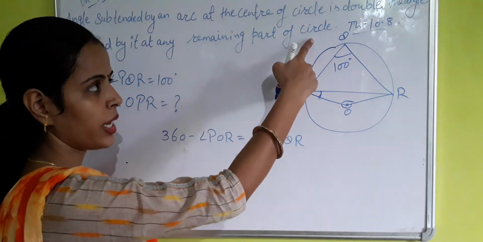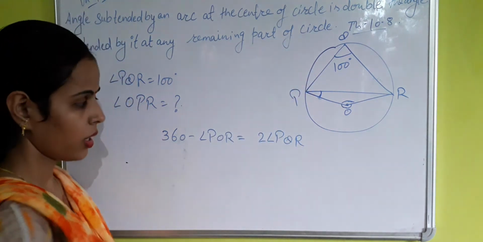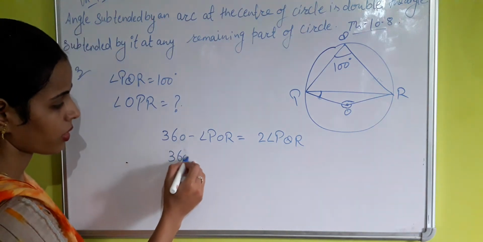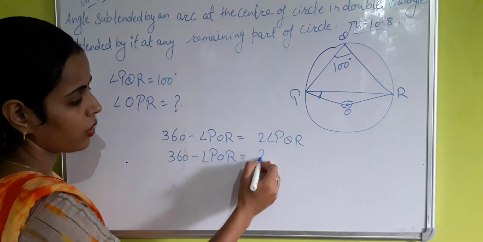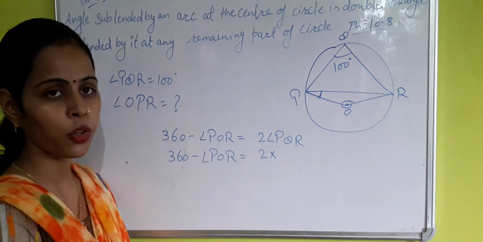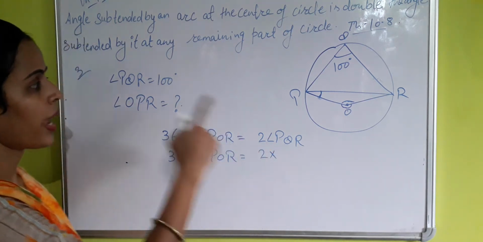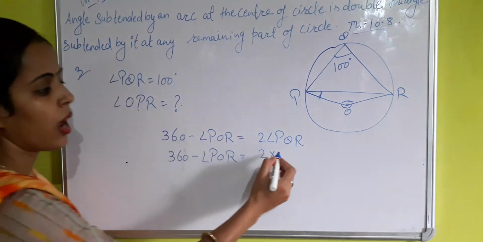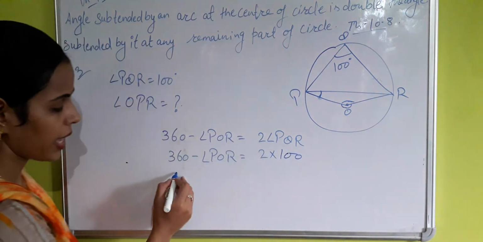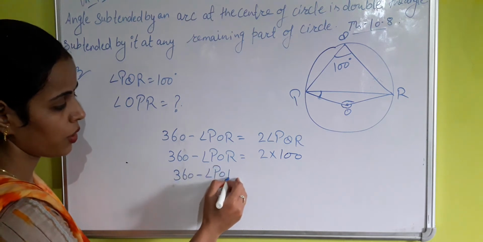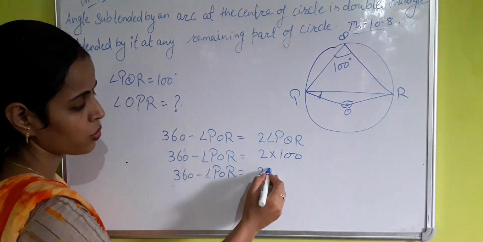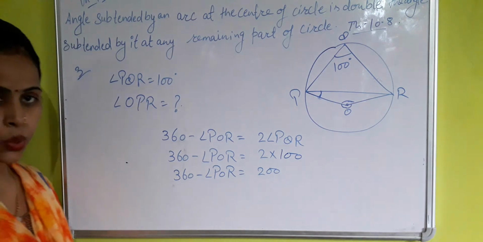Theorem 10.8, case number 3. 360 minus angle POR equals 2 into angle PQR. Angle PQR is given as 100 degrees. Then 360 minus angle POR equals 2 into 100, which is 200.